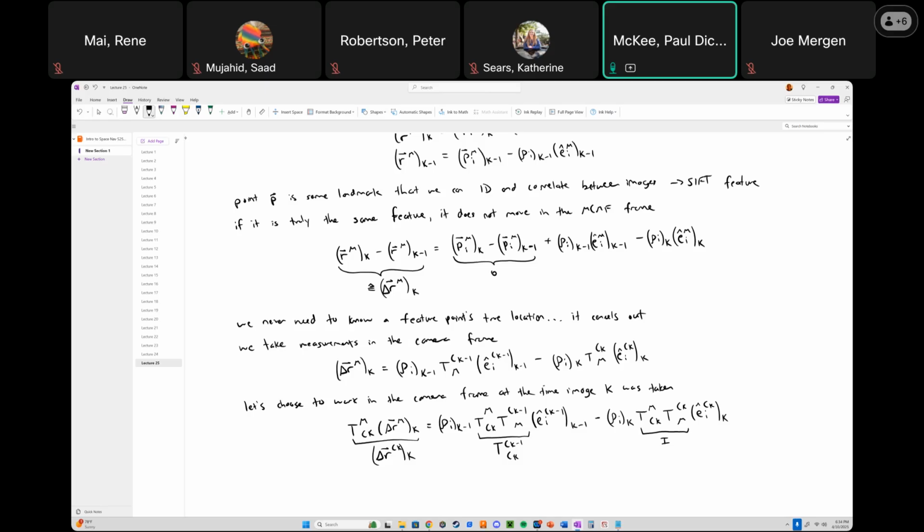It's just expressed in its own local frame. And here we have the relationship between the two frames, which, not to spoil it for you, is something that we want to solve for. So actually, I might take a moment and say, we want to solve for this. And also this. We want both of those.